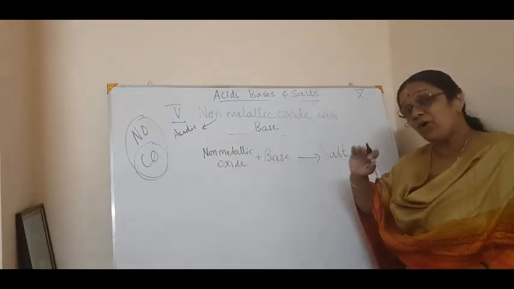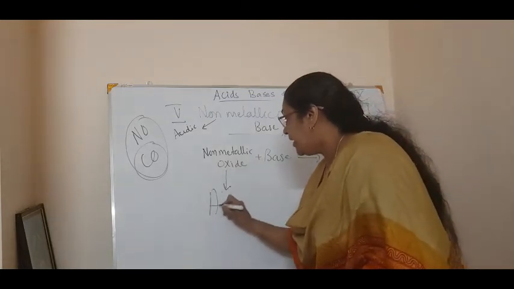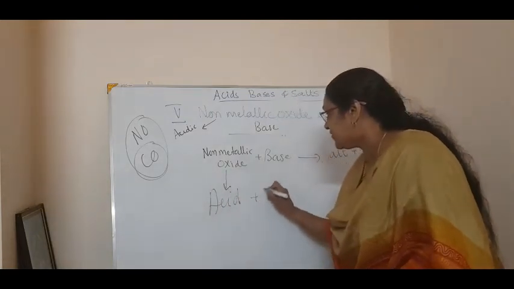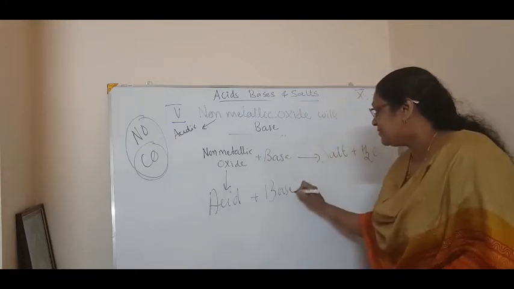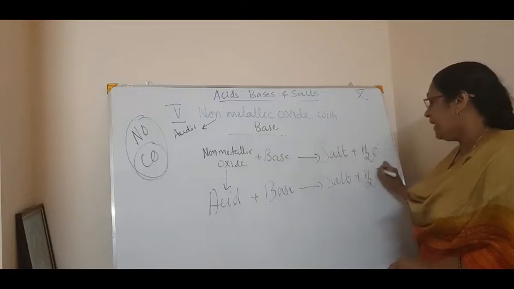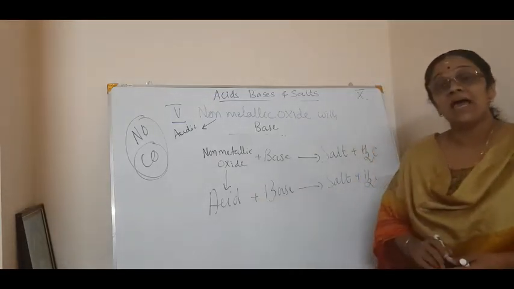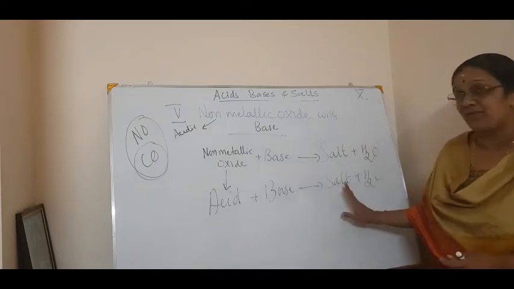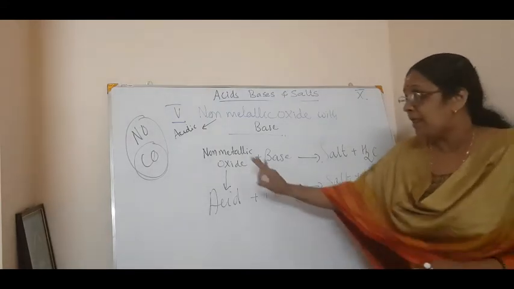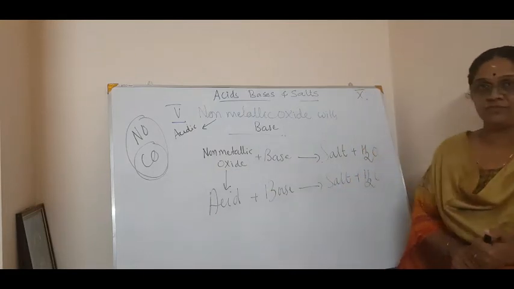The same thing we said for metallic oxides, in analogy with the neutralization reaction, that is acid plus base giving salt and water. In analogy with the neutralization reactions of acid plus base giving salt and water, we can say non-metallic oxides are acidic in nature.